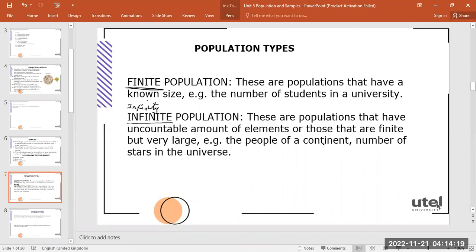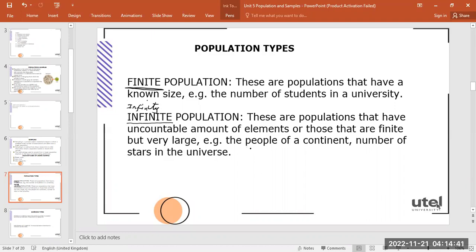Even though it would be possible to count the number of people on the continent, that is going to require a huge amount of resources and a very large amount of time for such a census to be conducted. Another example of an infinite population is the number of stars in the universe.